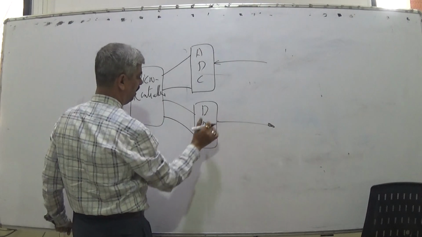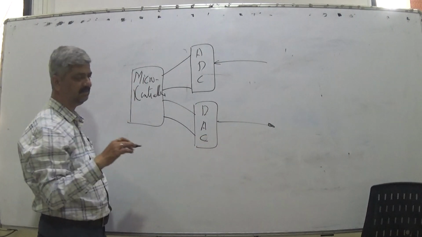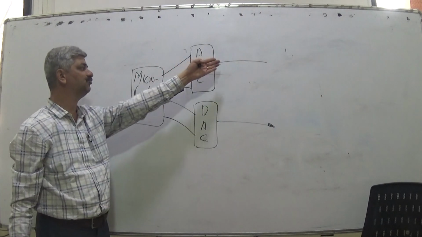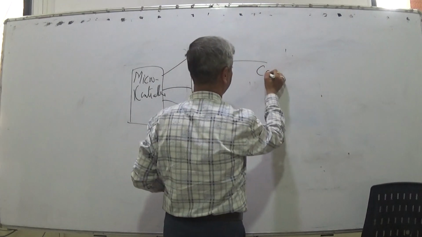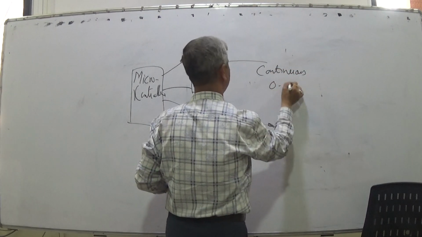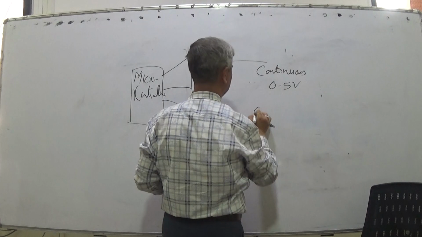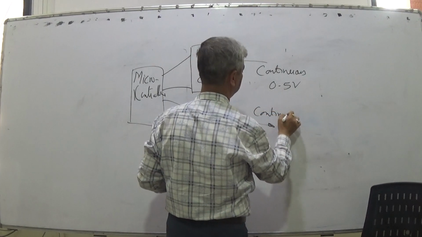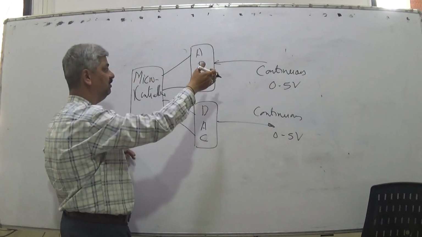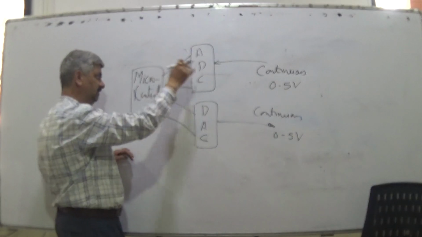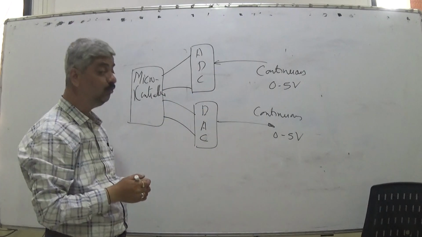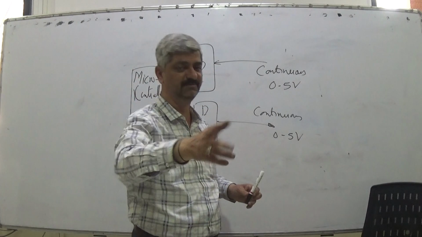So how does the microcontroller interface itself with the external world? It reads the actual continuous variable, normally in the region of 0 to 5 volts. It is converted, and remember that when we go for ADC, we lose some information because we approximate.